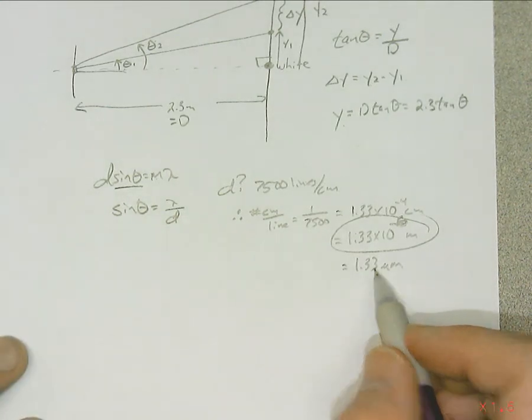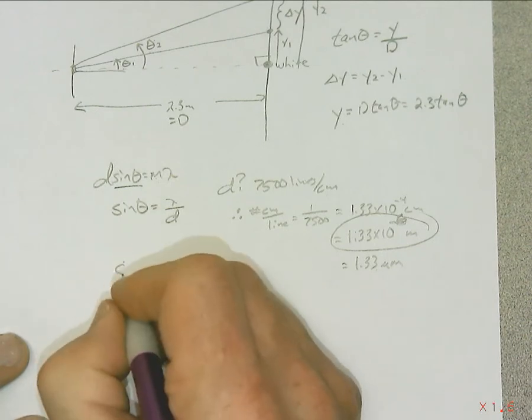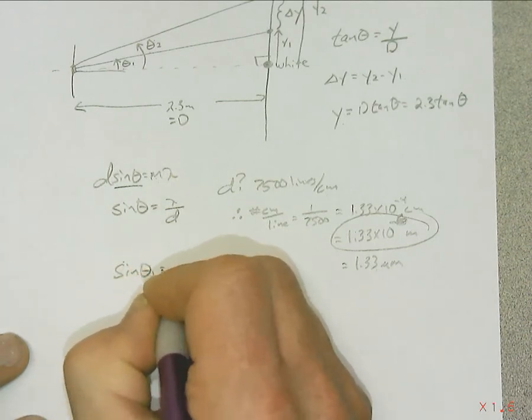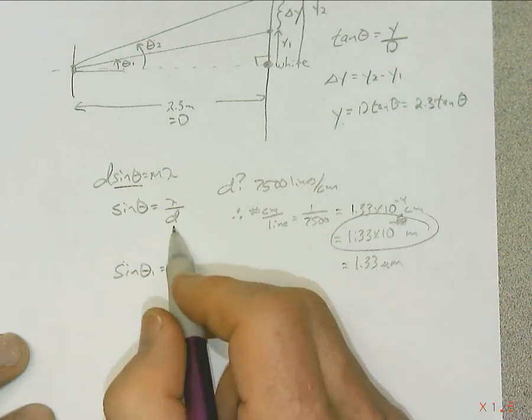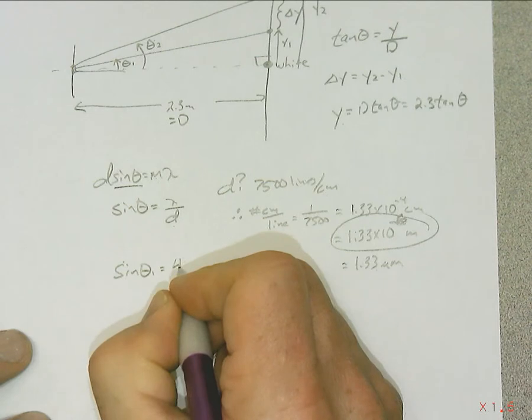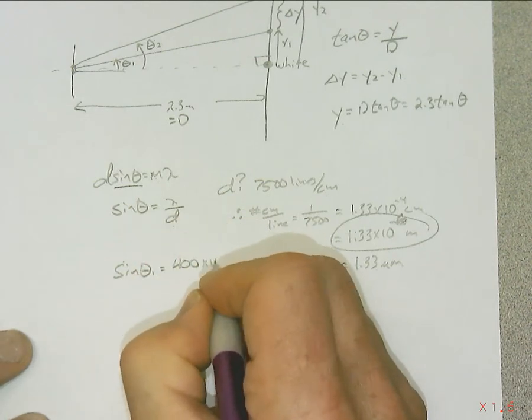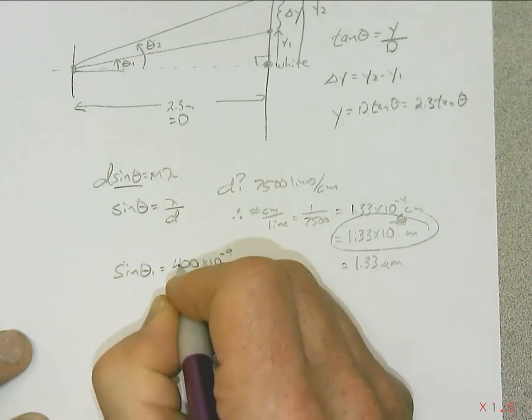So now, sine of theta 1 is equal to lambda over d. We will use the 400 nanometers for that one. So 400 times 10 to the negative 9 meters is the lambda.